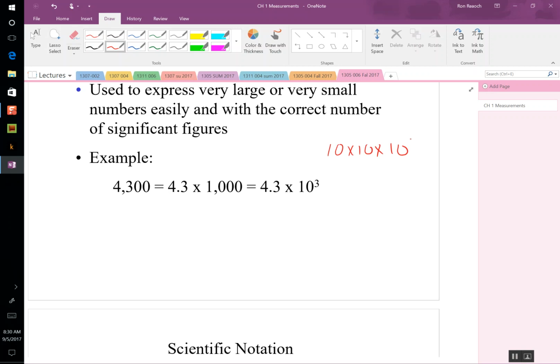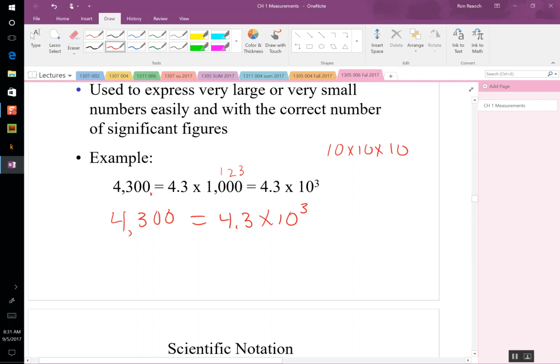So I want to point out that when we represent a number in scientific notation, we haven't changed its value at all. It is the same number. 4,300 is equal to 4.3 times 10 to the third power. 1,000 has 3 zeros.